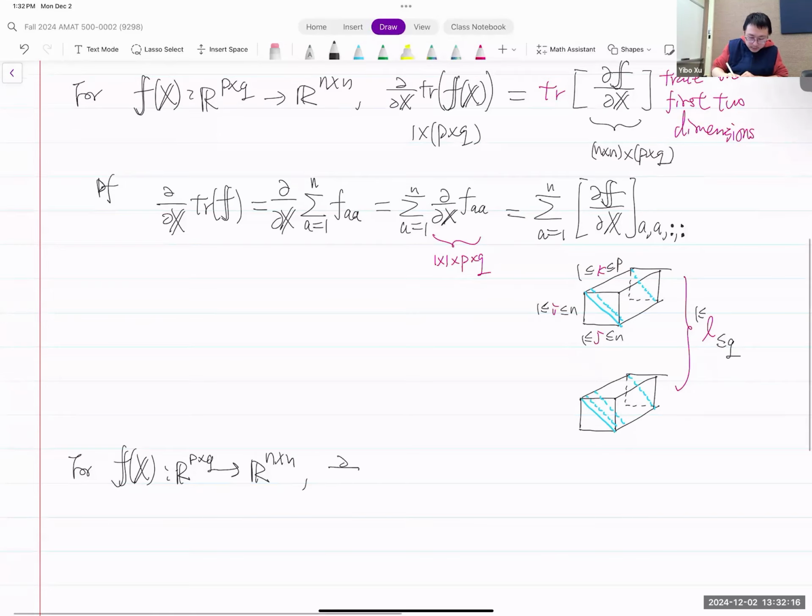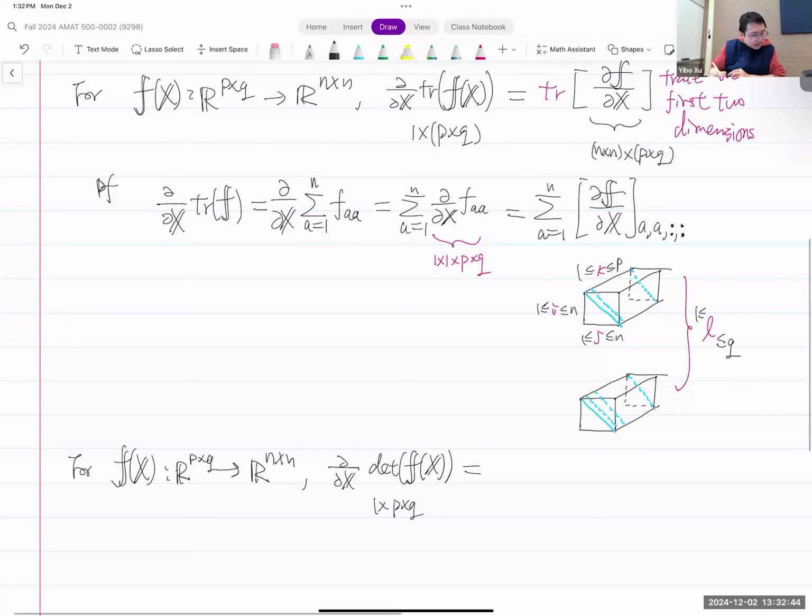We want to calculate the partial derivative of the determinant of the output. Earlier that was the trace; the determinant is a little bit more complicated. But it's still the same thing. The determinant of the square matrix is a scalar, so the Jacobian is just going to be a p by q matrix.